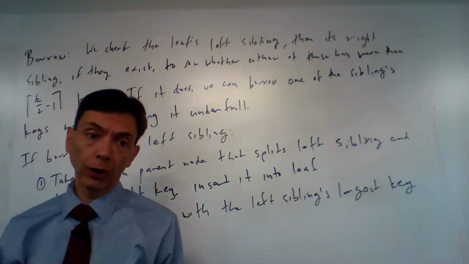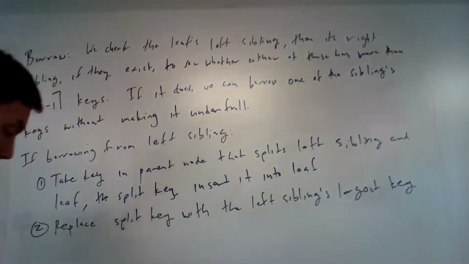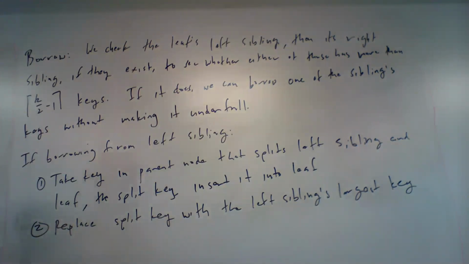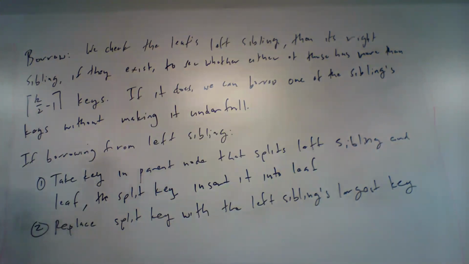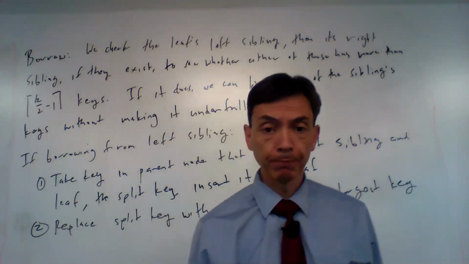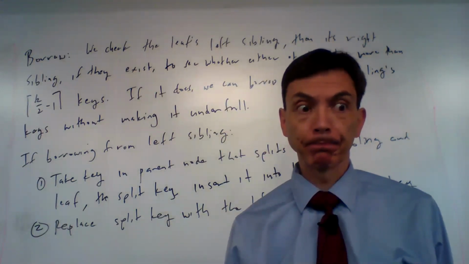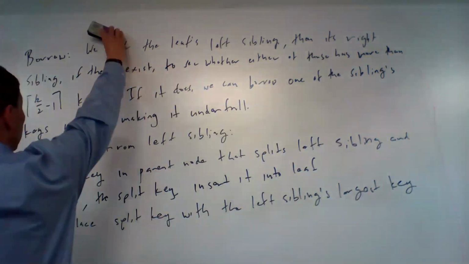And so we're satisfying the basic B-tree ordering properties, okay? And so we're done. Once we've done that, we now have a situation where everything's good. So any questions about that before I show you an example of how that works? Okay, it's easy.